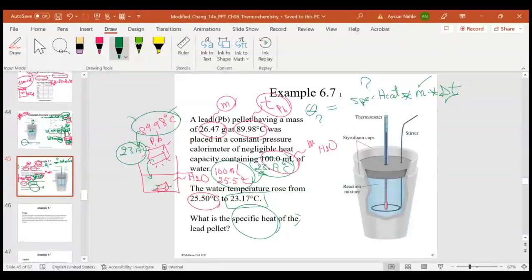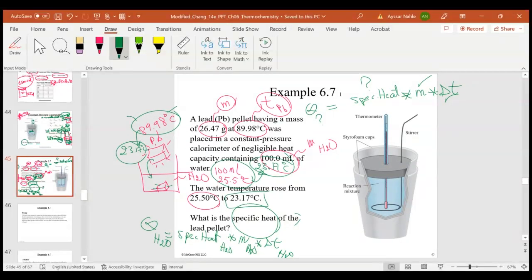Right? Okay. Now, Q absorbed by the water is equal to the specific heat of the water multiplied by the mass of the water multiplied by delta T of the water. Okay. Do I know the specific heat?